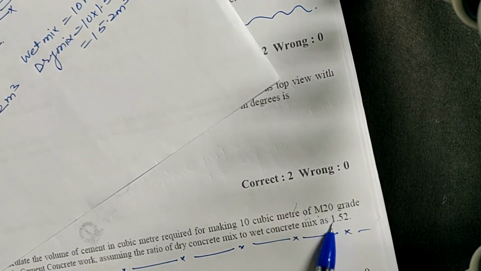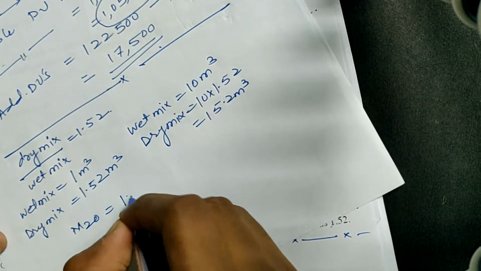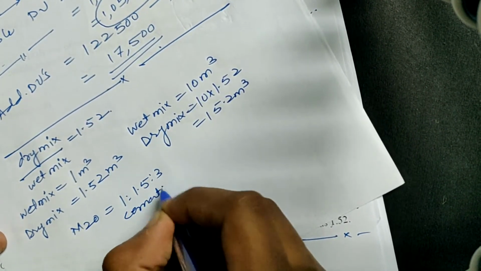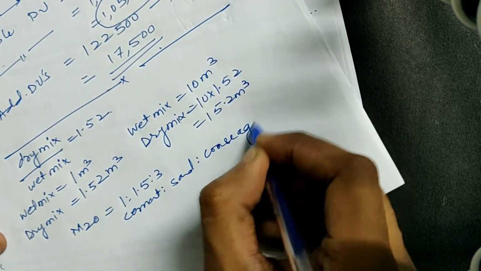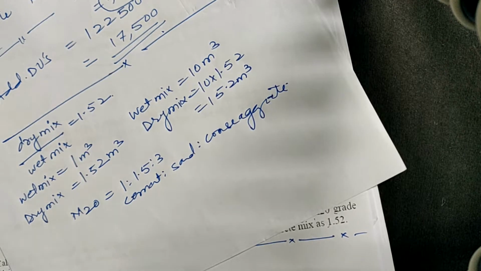Now it has given that you have to prepare an M20 grade concrete. So M20 has 1:1.5:3, that is cement is to sand is to coarse aggregate.